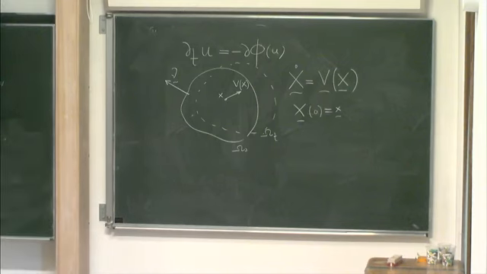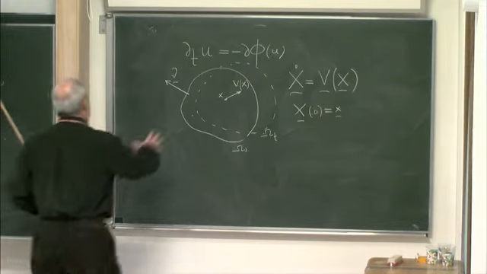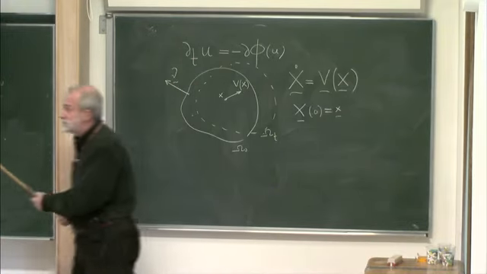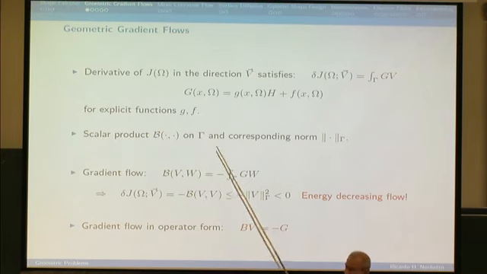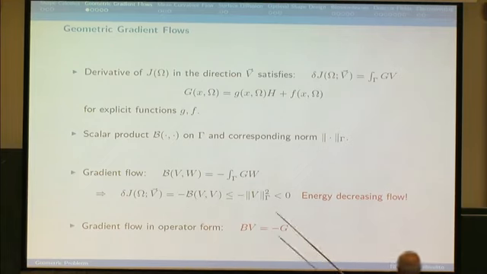I already told you what the gradient is. So then I need to talk about this part. In order to do that, I introduce a scalar product on the surface. This is going to be a Hilbert theory. So B is a scalar product. Think of the L2 norm, if you want to fix ideas. And then I write this in weak form.